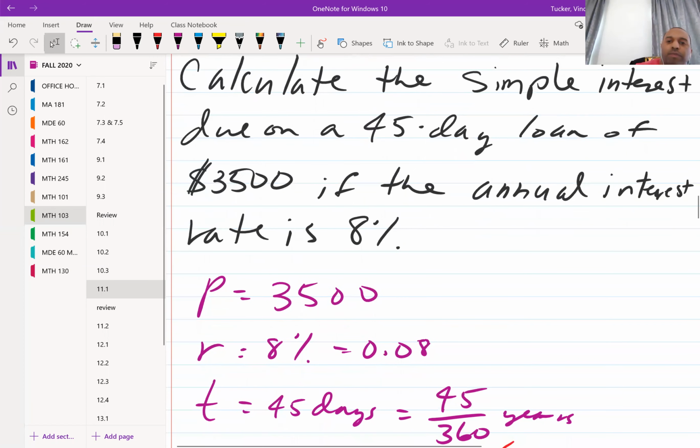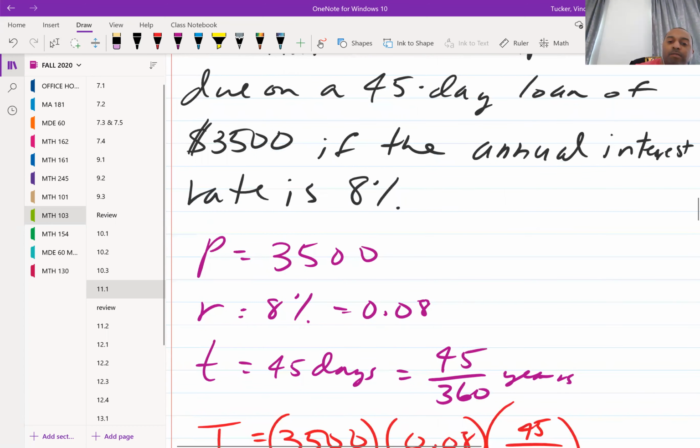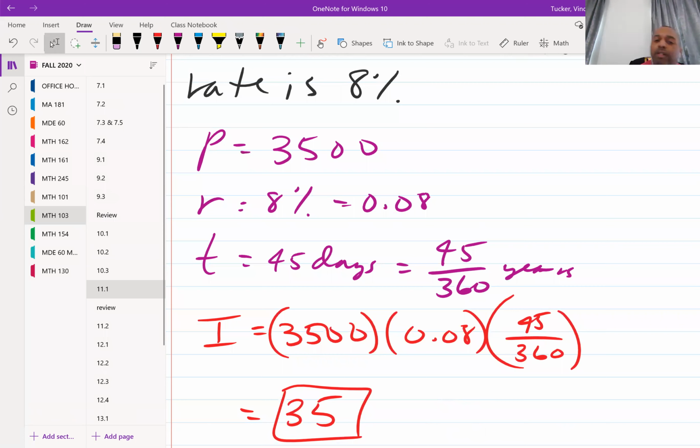And then that 45 days, you write that over 360 because we're dealing with years, we're in terms of years. Once again, annual percentage rate. Plug those into the formula: 3,500 times 0.08 times 45 over 360.